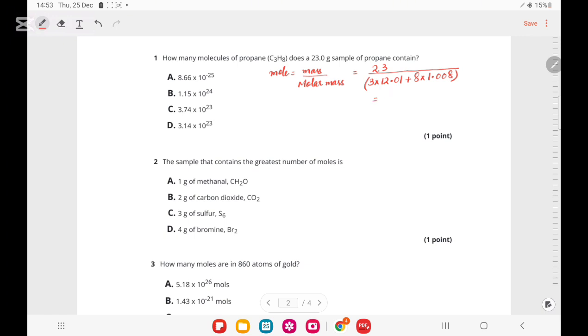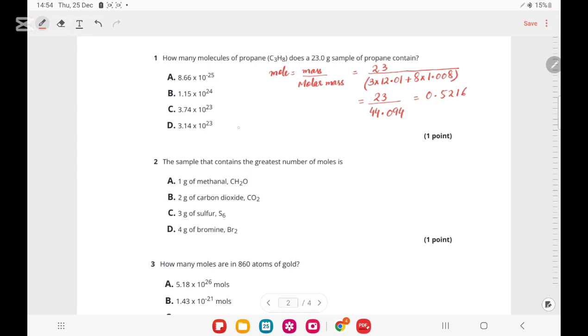So the answer is 23 divided by 44.094, and 23 divided by 44.094 comes out to be 0.5216.